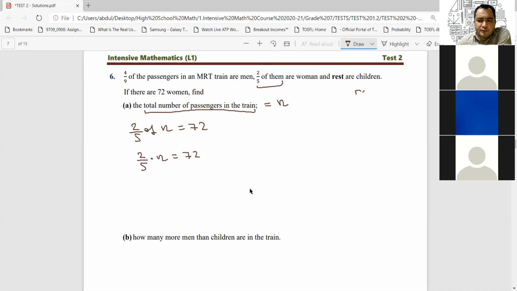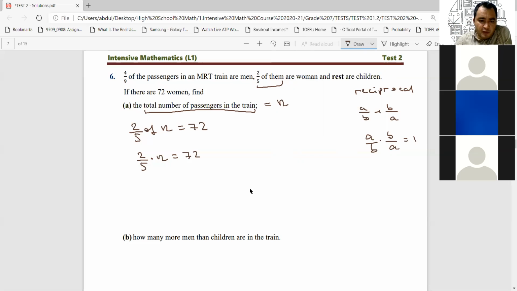Now we know the reciprocal in math. What is the reciprocal of a over b? It is b over a, because a over b times b over a, that's equal to 1. Reciprocal means multiplicative inverse of a number. That means if you multiply two numbers, if the product equals 1, they are reciprocals of each other.